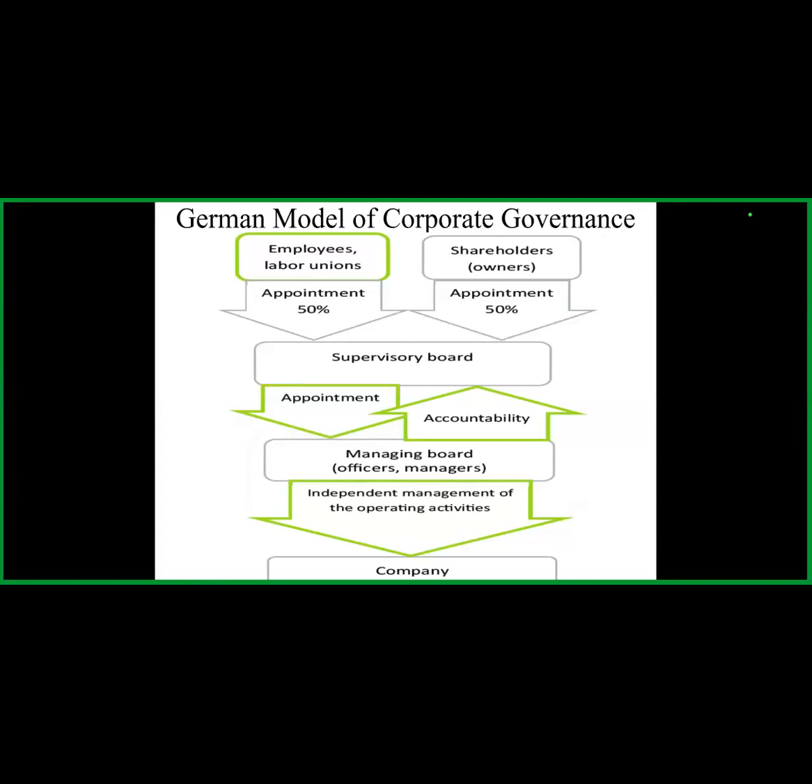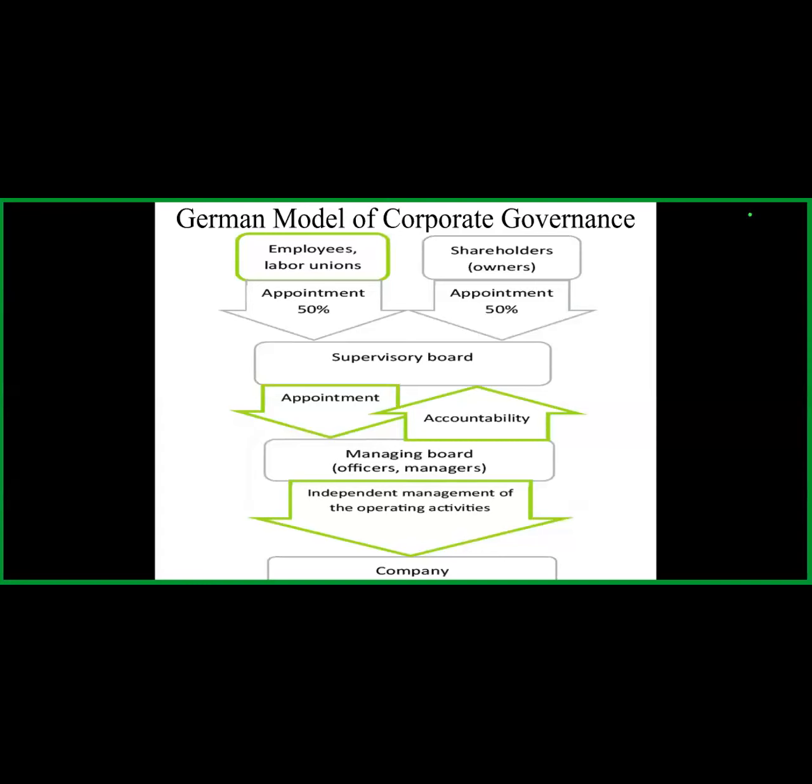Here also, shareholders are considered as owners, but the main change here is that they can appoint the supervisory board with only 50% of members. The remaining appointment of the supervisory board is to be done by the employees and labor union. That is the most important change.